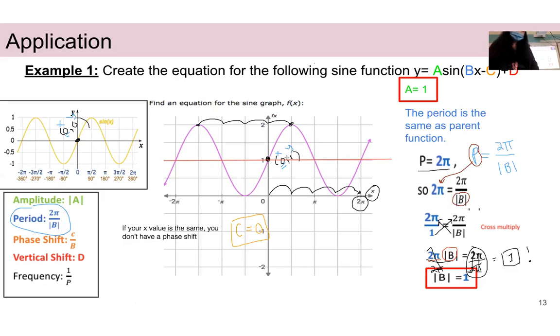Notice that it's at a Y value of 1. That tells me that my vertical shift is 1. It's wherever your midline is on the Y axis, or on the Y coordinate. That is your vertical shift. The midline intersects the Y axis.